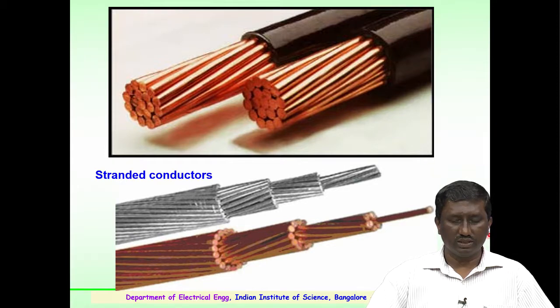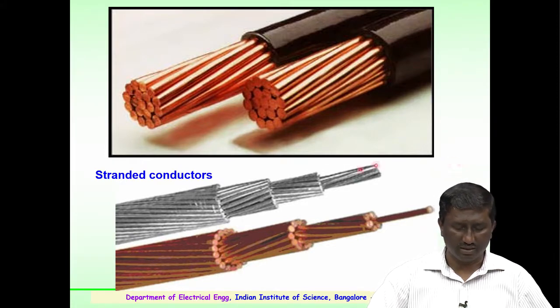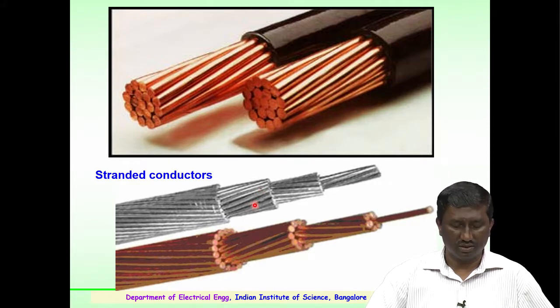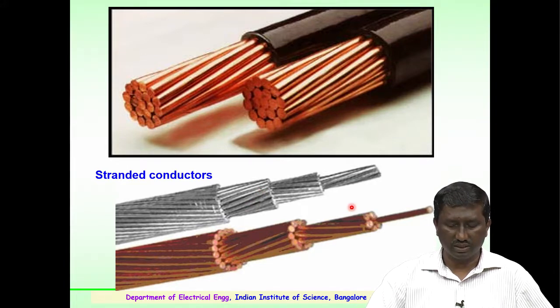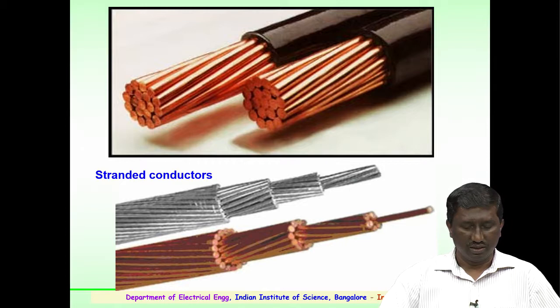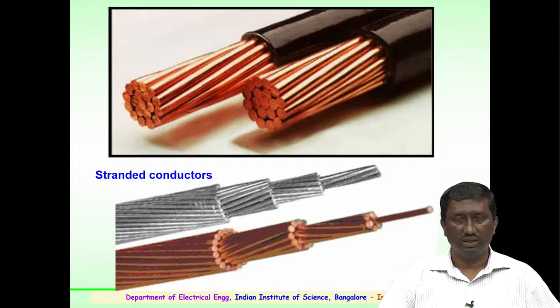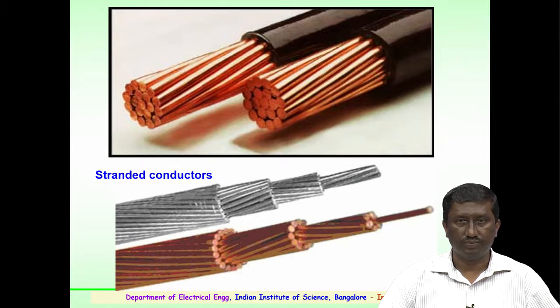Further, these are the conductors known as stranded conductors. The importance of the stranded conductor, why stranded is required, we will look into that. There are various types of conductors depending upon the voltage level and the current it has to carry, and the usage of conductors is determined accordingly.